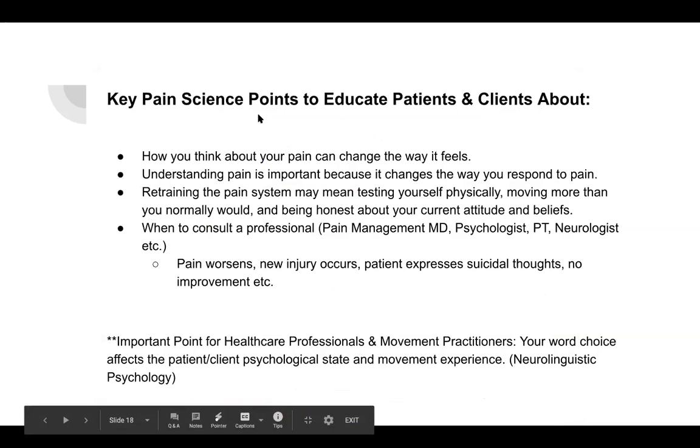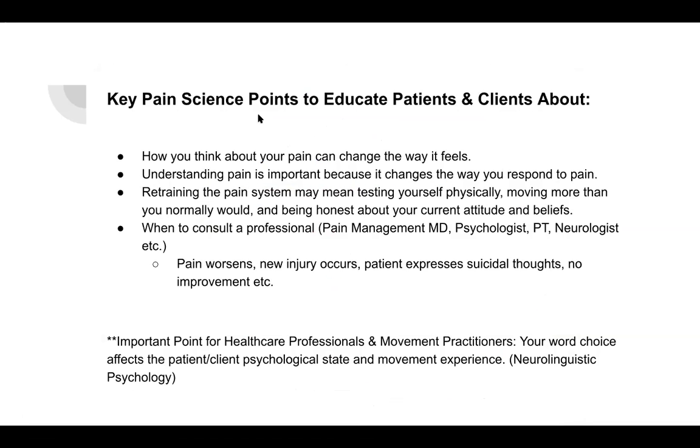So some key pain science points. This is just an introduction. This lecture and this topic can be detailed for weeks. There's tons of books on pain science, but for patients and clients, key points is how you think about your pain can change the way it feels.